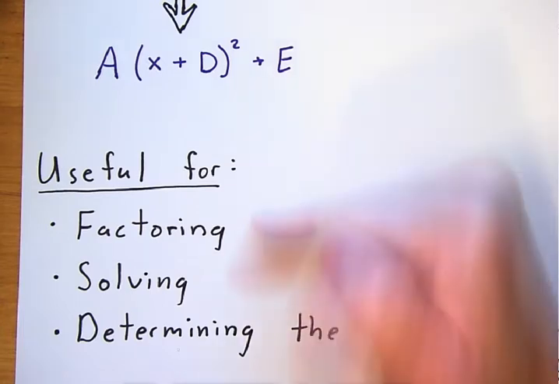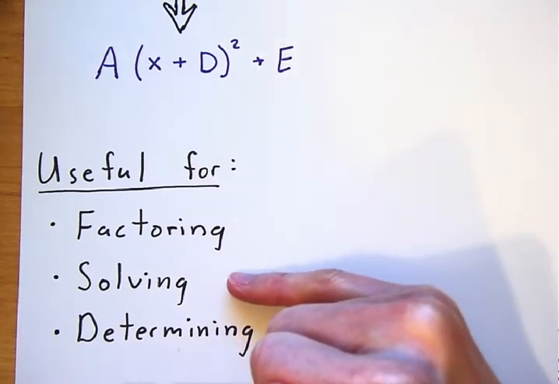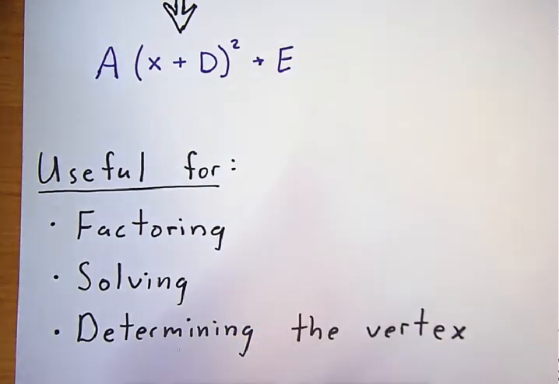It's also easier to solve in many cases. And in this format, you can determine the vertex of that particular equation. All right, now exactly how do you complete the square?